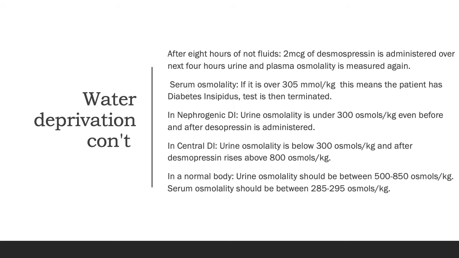And then a normal range for someone who doesn't have diabetes insipidus, the urine osmolality should be between 500 to 850 osmoles, and serum osmolality should be between 285 and 295 osmoles.